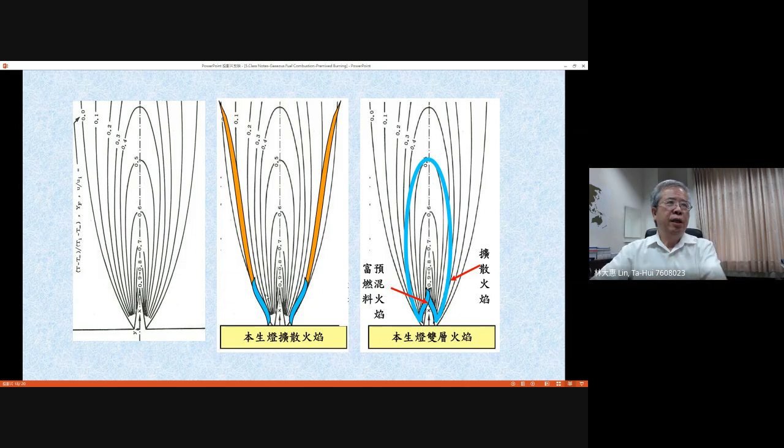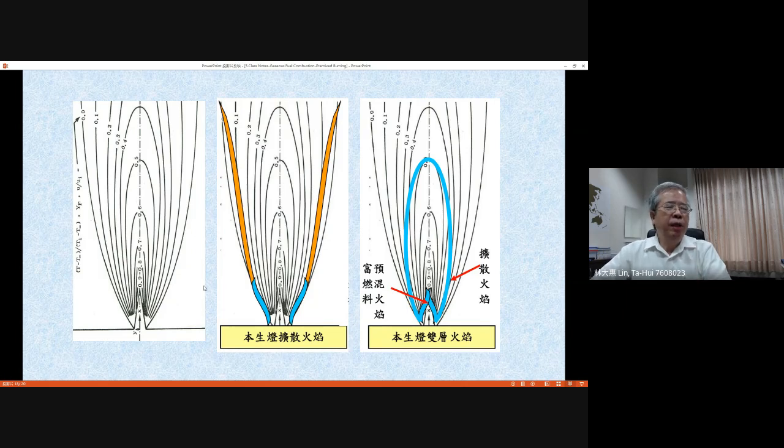Now you look at this jet, where is the fuel region? Basically inside of your free jet, right? Because the free jet contains 100% fuel only. Where is the oxygen? Oxygen exists in the outer region.